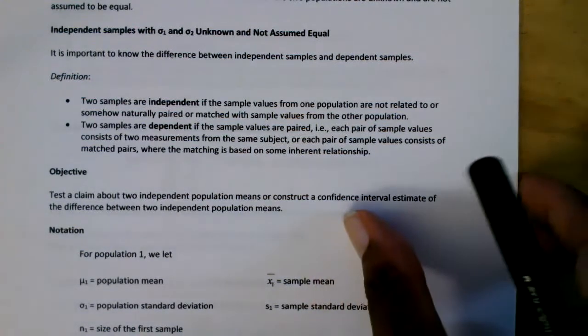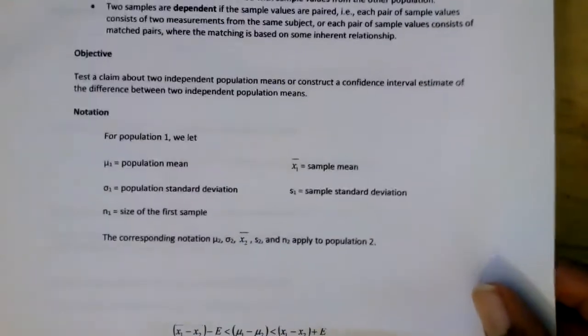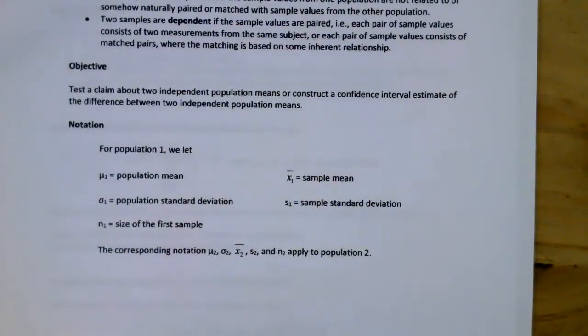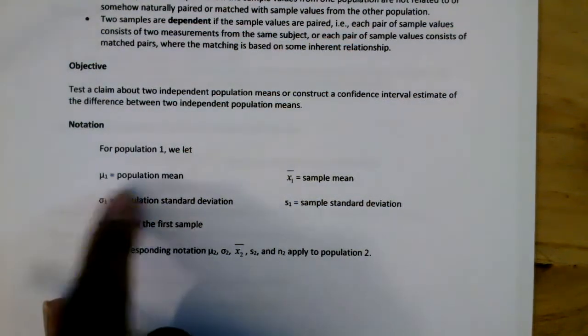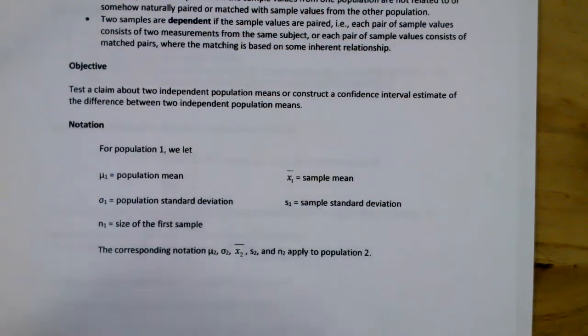Okay, so here is some notation. For population 1, we have mu1 being the population mean. Sigma sub 1 is the population standard deviation. N1 is the size of the first sample.